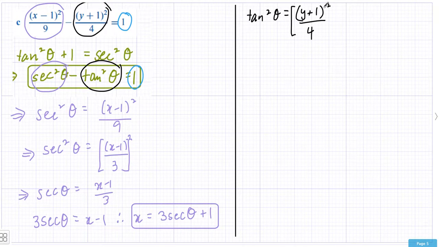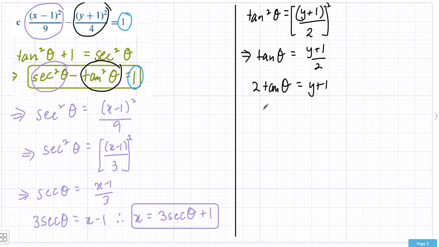Just to shortcut it, I'm going to put brackets around here and make that a 2. Then take the square root of each side: y plus 1 on 2. 2 tan theta equals y plus 1, and therefore y equals 2 tan theta take 1.